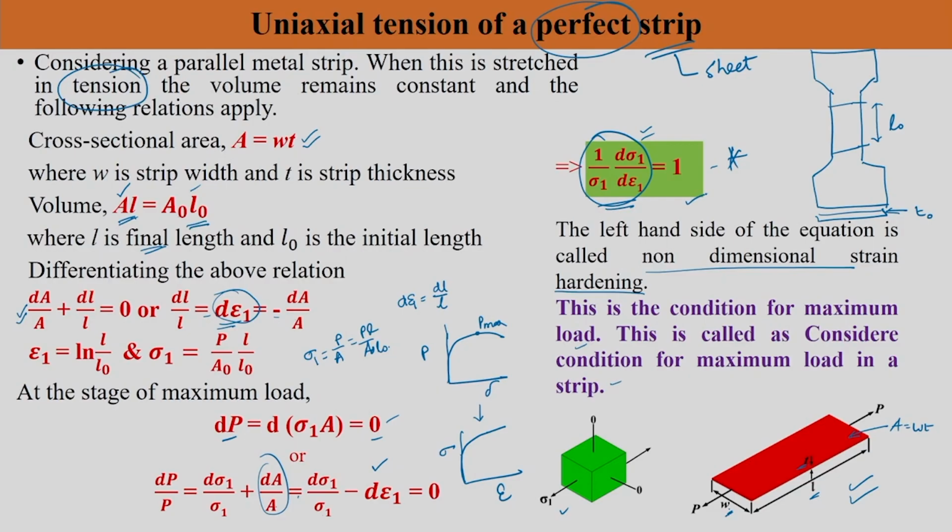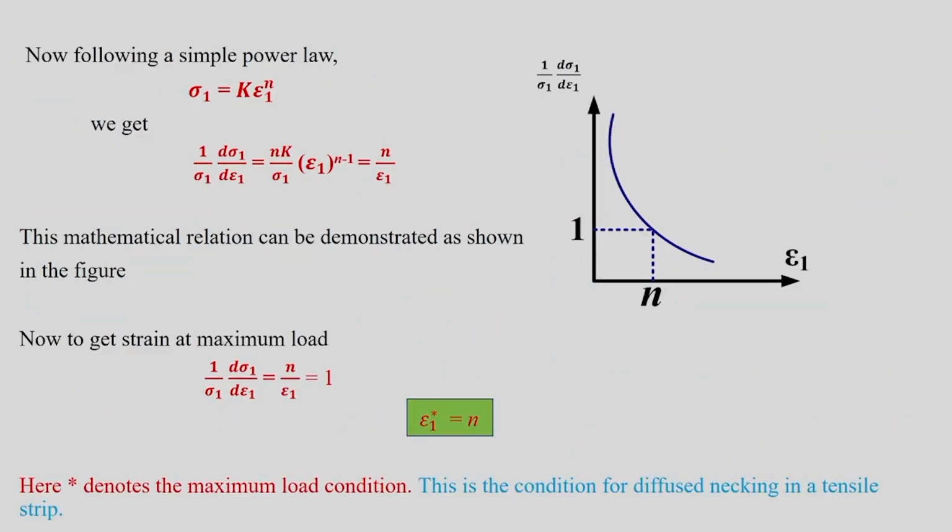Okay, so we are not going to stop with this. Now any further evaluation depends on what kind of material law you choose for sigma 1. Our standard power law equation is sigma 1 is equal to k epsilon 1 power n.